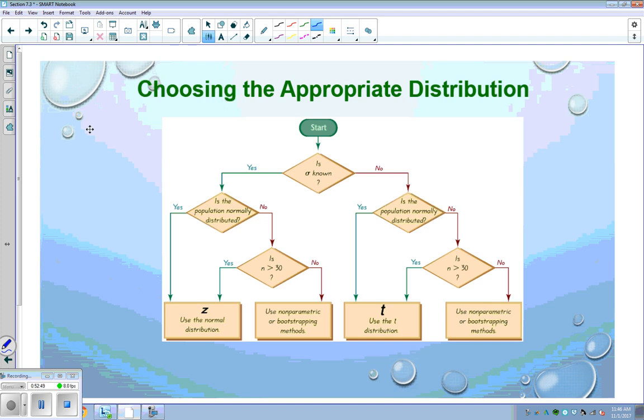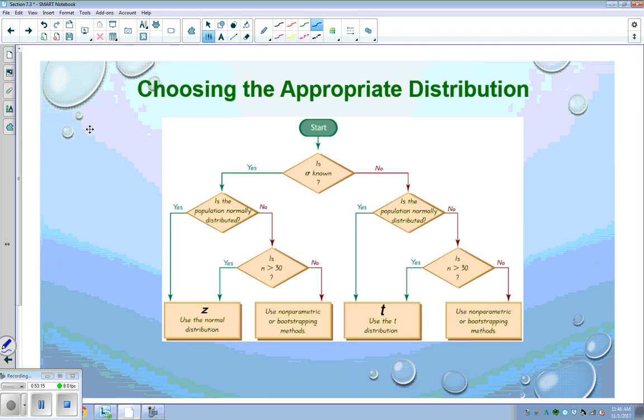This little chart shows what you need to do. I think I've pretty much drilled that home. When I'm doing a confidence interval for a mean, I'm going to start by deciding if I know the population standard deviation or not. That's my first step.